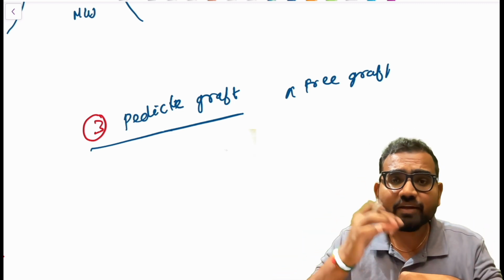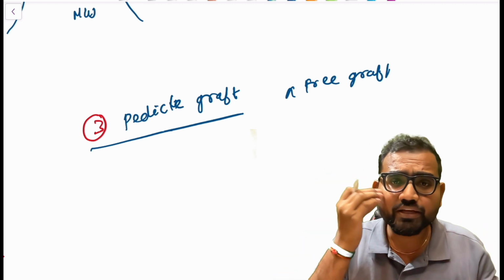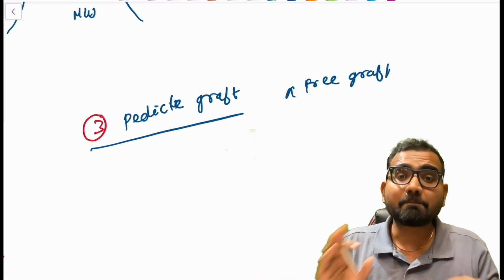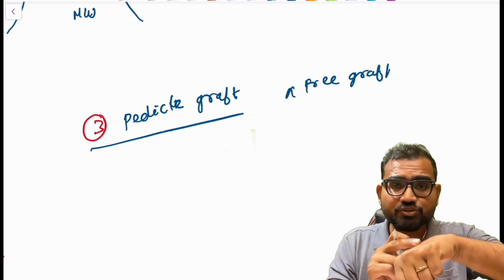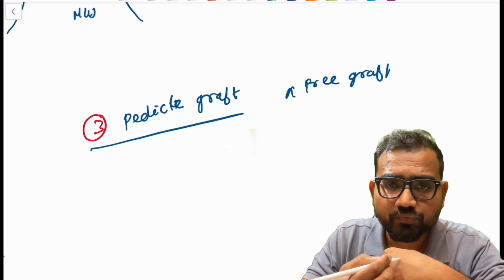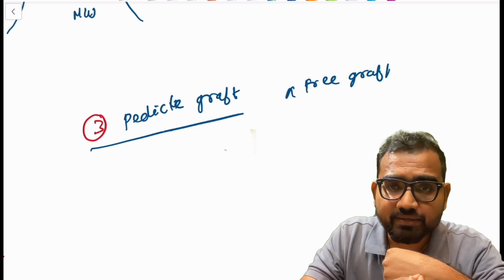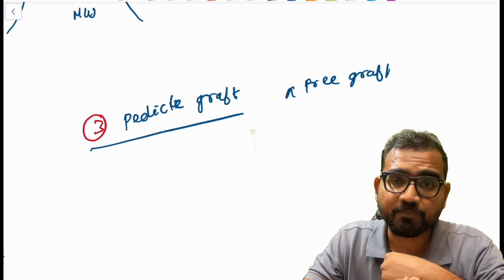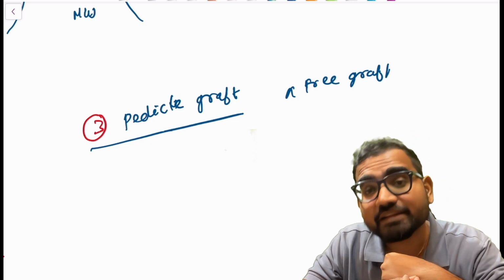It is free, right? So it can move from ear to ear or wherever I want. But if I cut this tissue and I'm just moving it without completely detaching the tissue, that is called a pedicle graft.